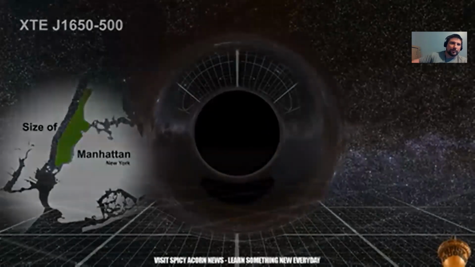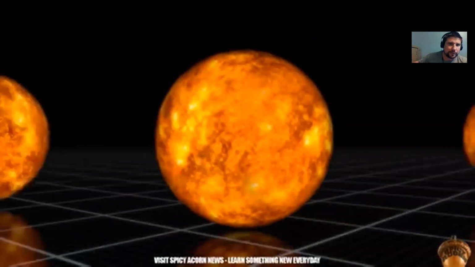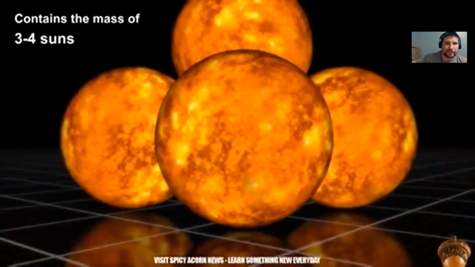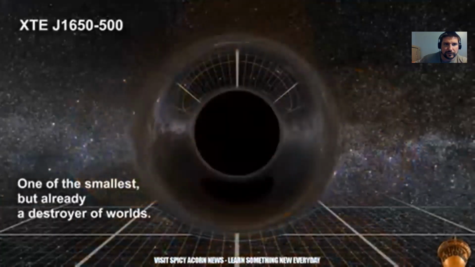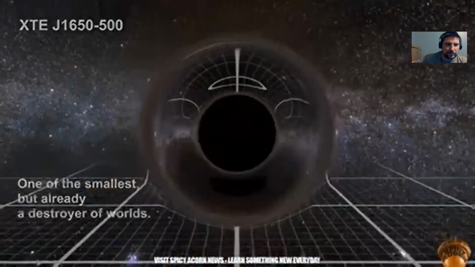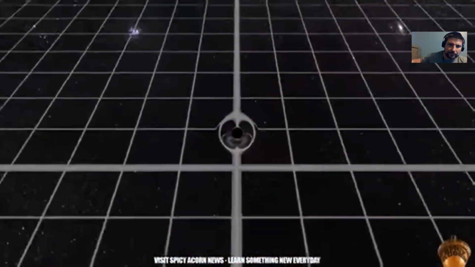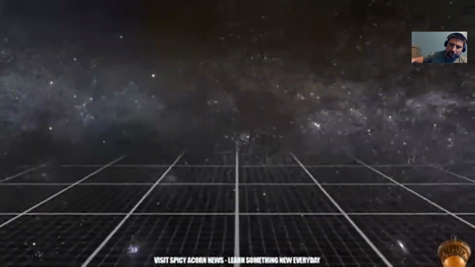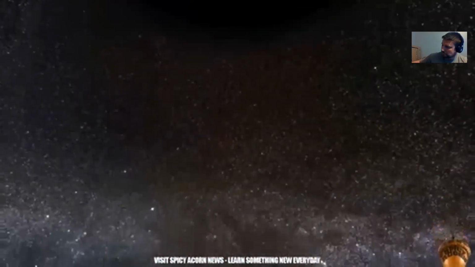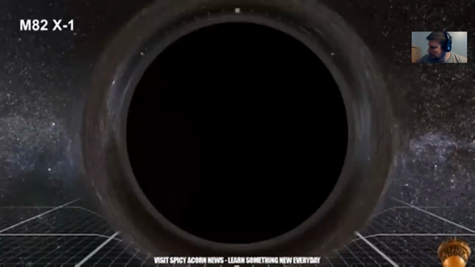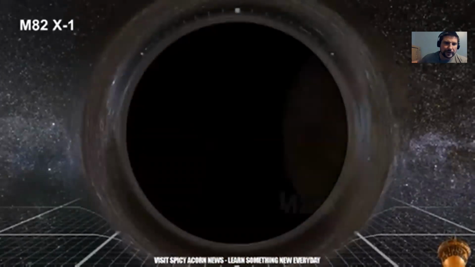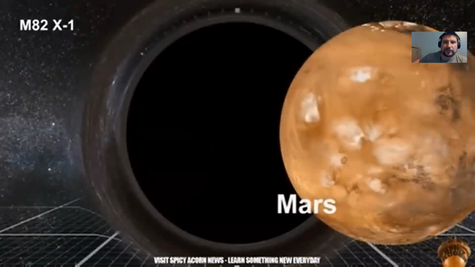So this is talking about a stellar black hole with a mass that's comparable to the sun, 3 to 4 solar masses. It's one of the smallest known black holes out there. Now, a black hole that's the size of Mars or our moon.